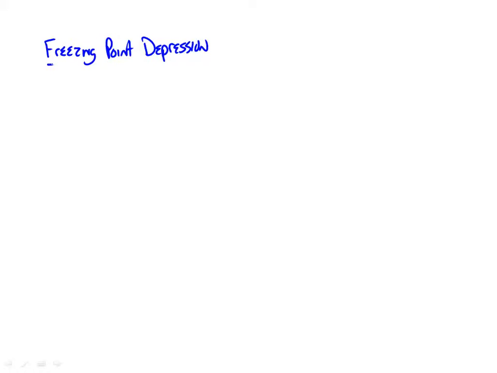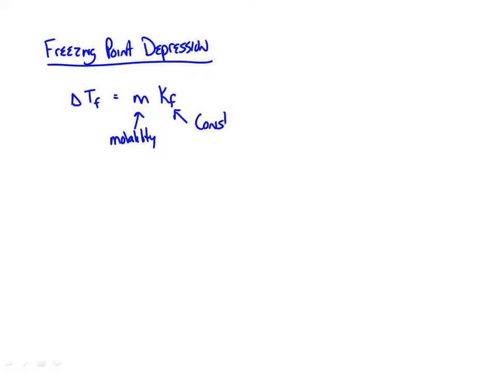So for the freezing point depression, the change in the freezing point is equal to m times Kf. So m is what we just got done talking about, molality. Kf is a constant, and it's called the freezing point depression constant.